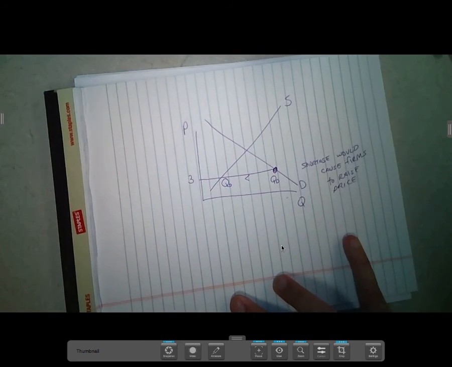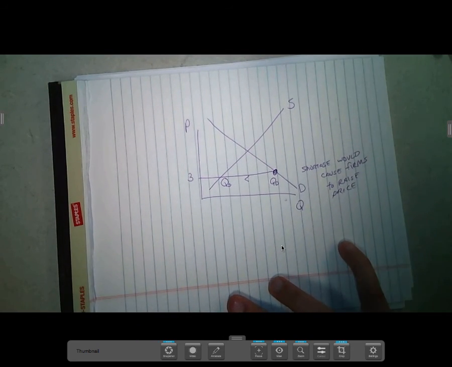That's how firms usually react to a shortage, is say, wow, we're really selling a pretty great thing here. Let's just start racking up the price, right?